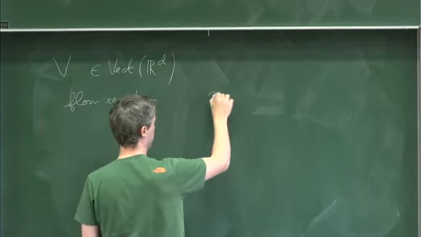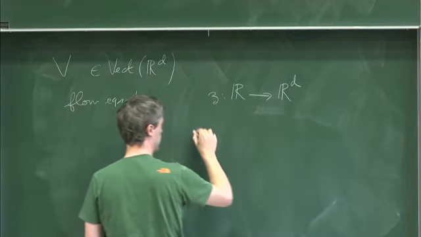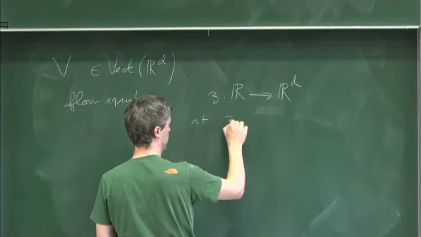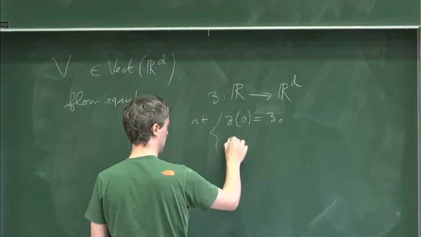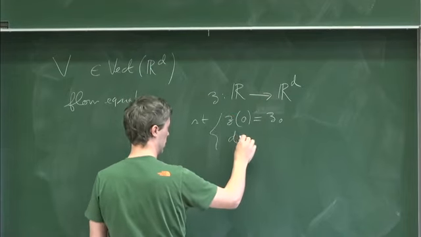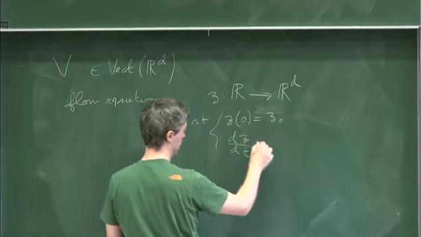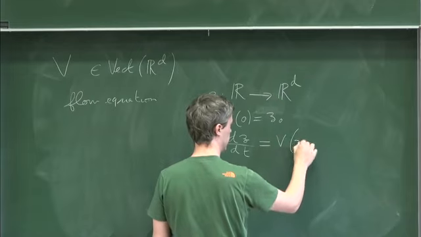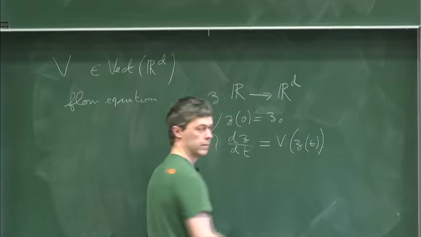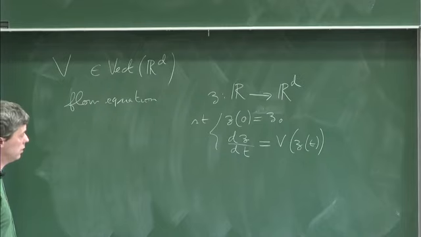We look at a function from R to R^d such that the value at 0 is some fixed point in R^d, and the derivative describes the curve in R^d, where the tangent vector at each point of the curve is given by the vector field V at this point. So it's the classical flow of a vector field in an affine space.